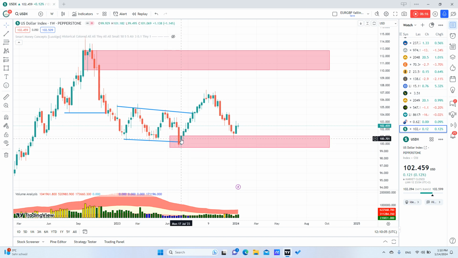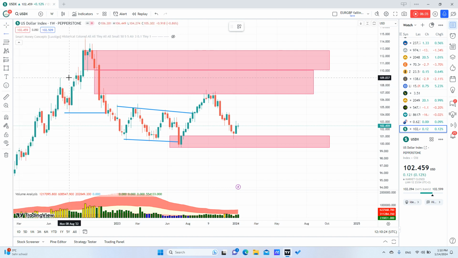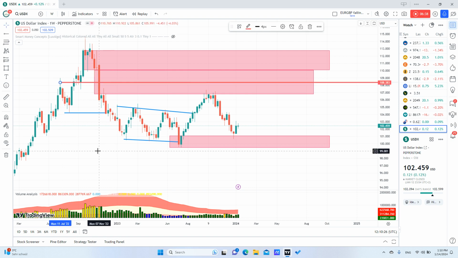So we have this order block that took liquidity from a previous low, and then after that it went to break structure. And we also have a very huge gap here. Actually, it got filled a little bit, but I normally like to see it filled maybe to half of it, like 15%.